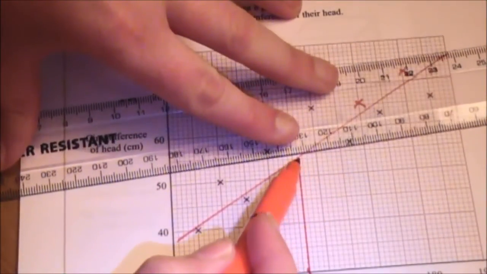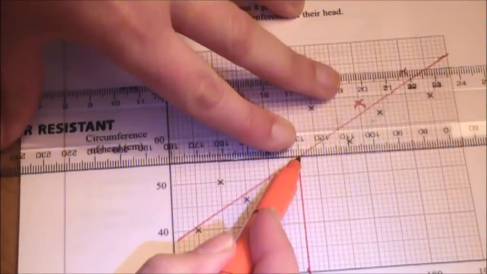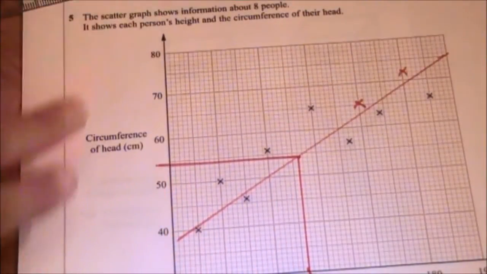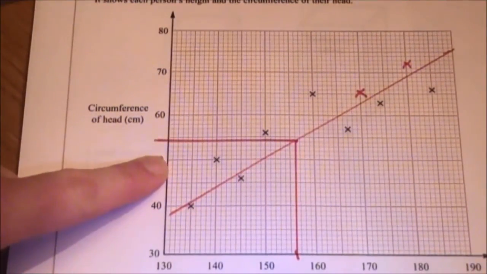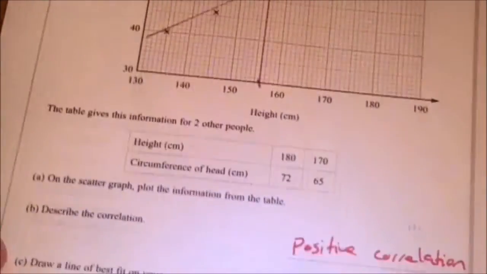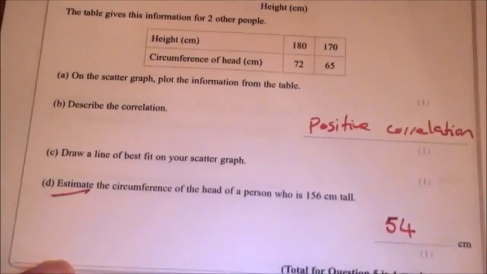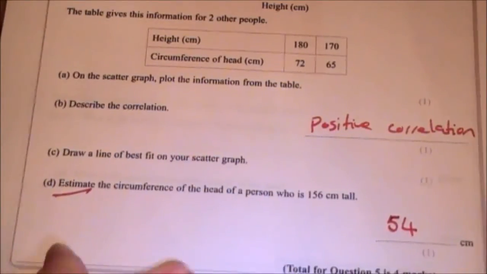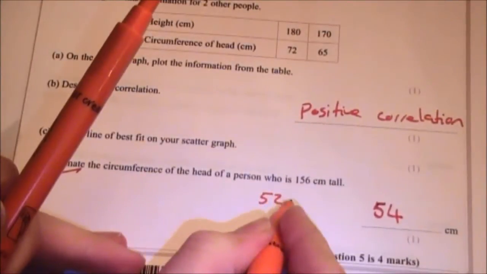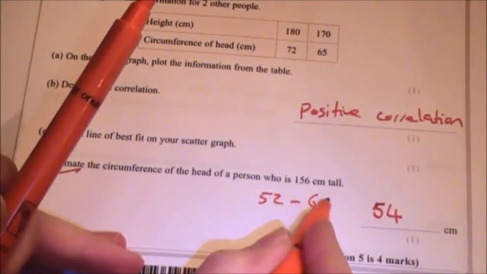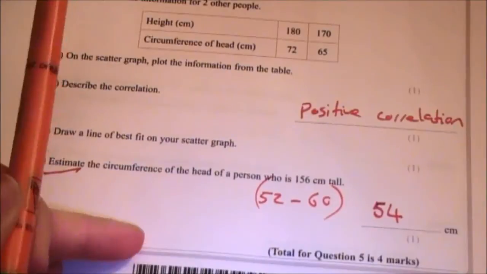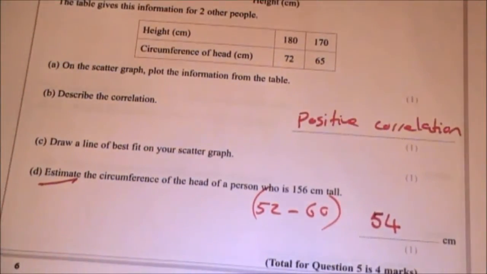If you haven't used the graph, you cannot get the mark for using the graph. And mine comes out just at 54. So mine is 54 centimetres. However, the mark scheme will allow you anywhere from 52 up to 60. And it's quite a big range because people draw their lines of best fit differently. So they're all 1 mark questions.